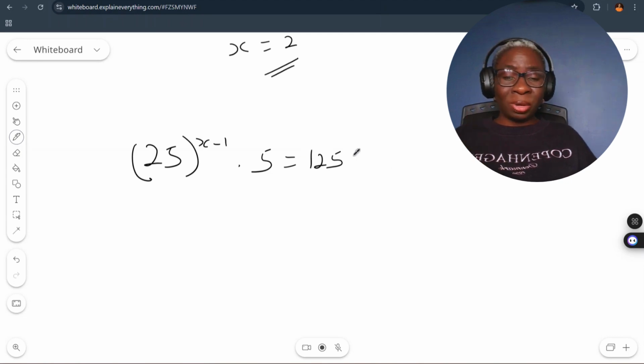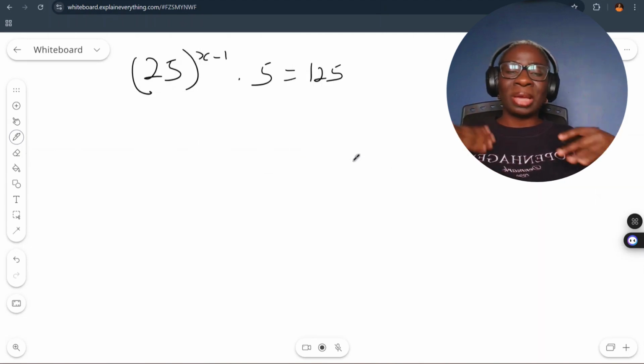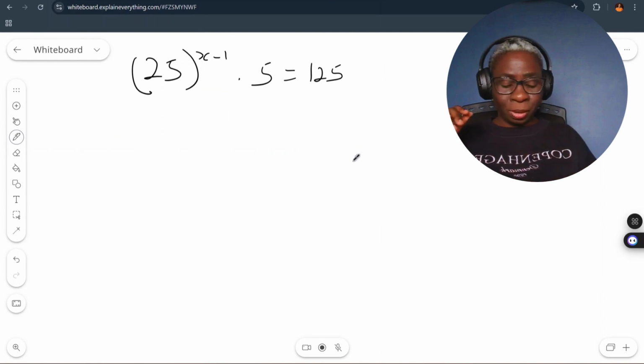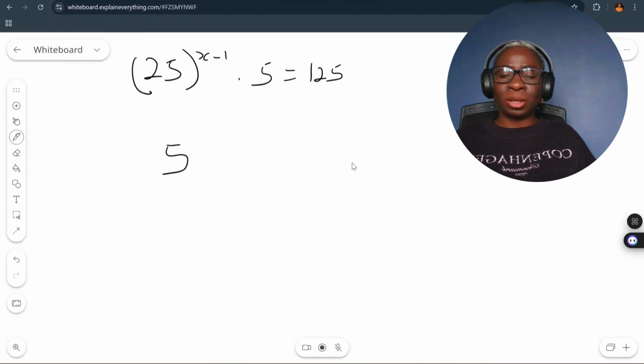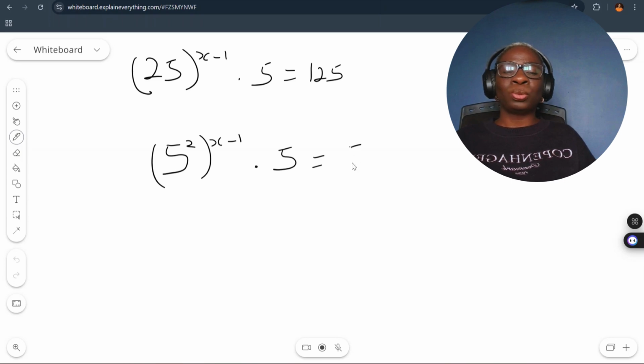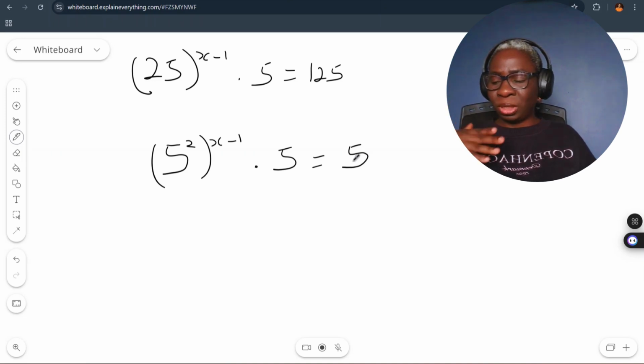So 25 and 125 can also be expressed in base 5. So we'll first simplify by having this one to be 5 raised power 2, bracket, and is raised power negative 1, then times 5. Don't forget that this 5 is same thing as 5 raised power 1, and this will be equal to 5 raised power what? How many times do we multiply 5 to give 125? That will be 3 times, right?